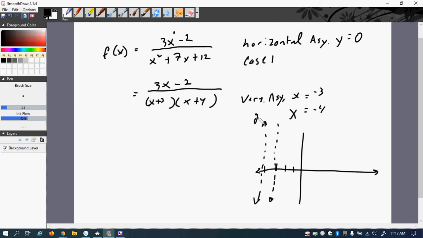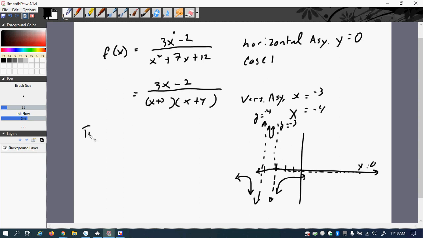This is x equal to -4, and this is x equal to -3, and then we have the horizontal one at y equal to 0, sitting on the x-axis. Looking at the picture, if we were to graph it, it would look something like this. So this is the situation.